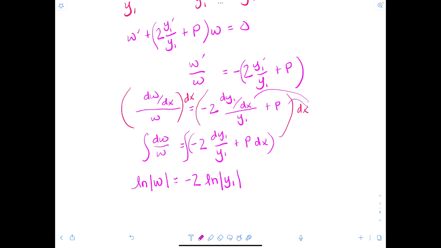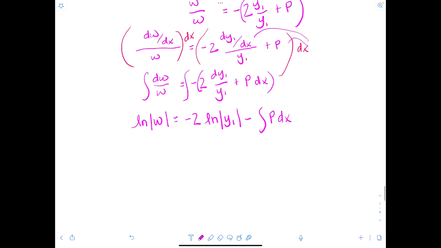And remember, I apologize, the minus was on the outside, so that minus will go to the integral of p dx.